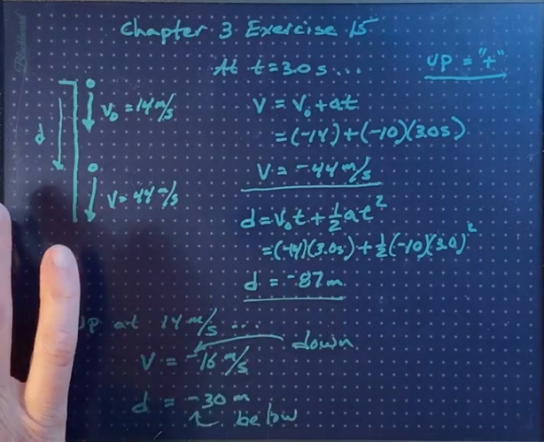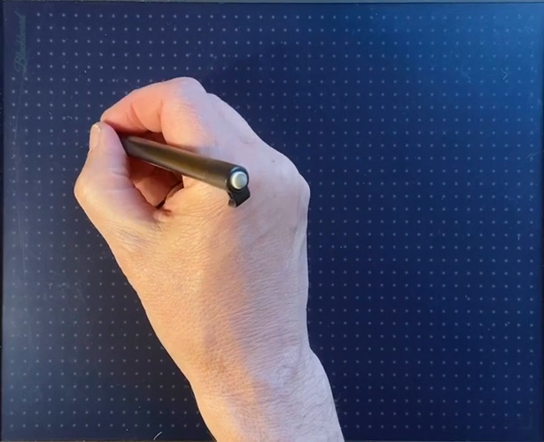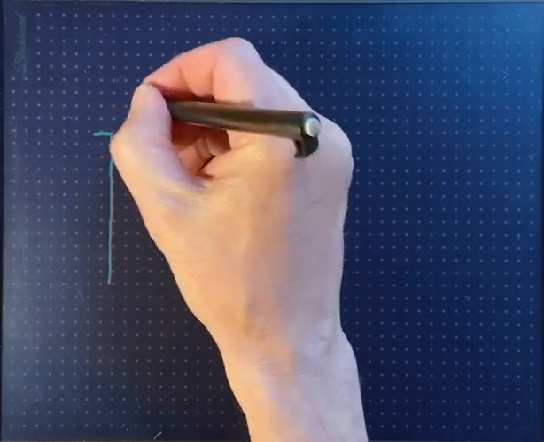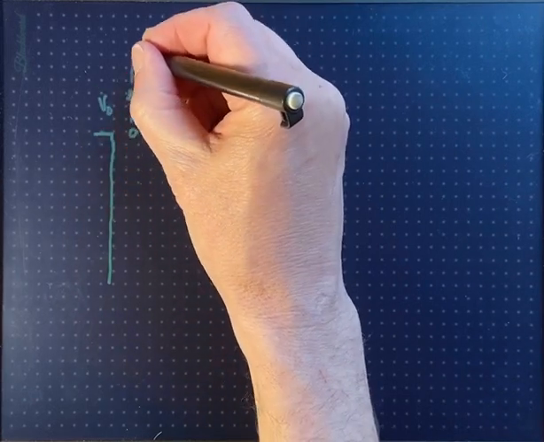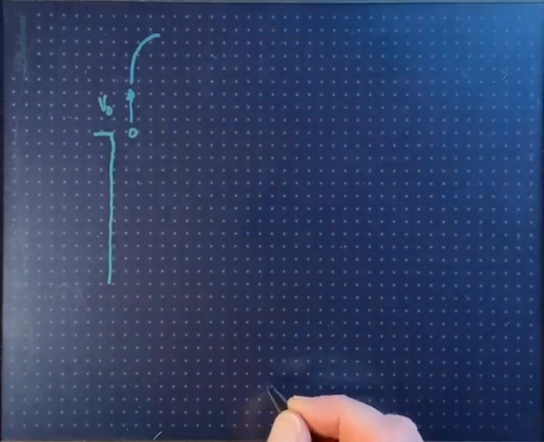So I have one last extension to this. How high does the ball go? Think of it like this. In the case where we threw the ball upward, the ball rose to some maximum height, and then it started falling back down.